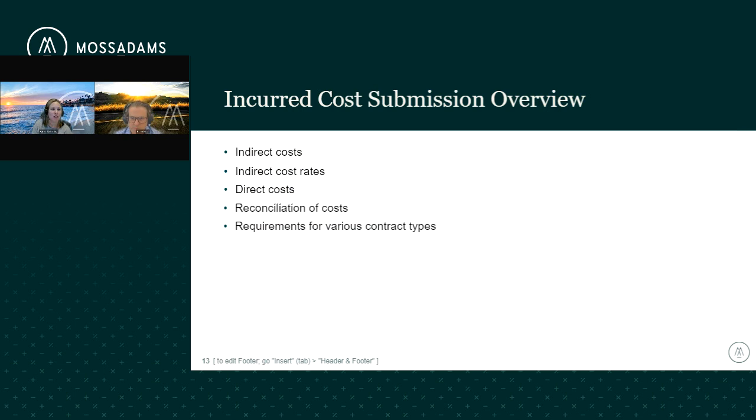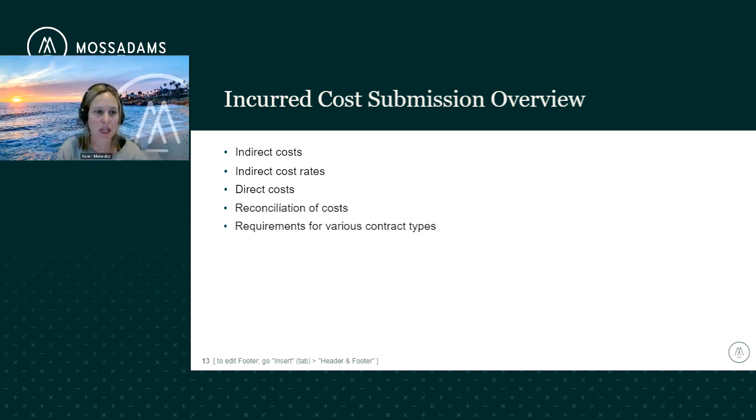Thanks, Rich. So we're going to go through an overview of what's included in the incurred cost submission, some of the main components. First being indirect costs, indirect cost rates. So those two are very much intertwined. An indirect cost is going to be a cost that is incurred but can't be attributed directly to a contract.